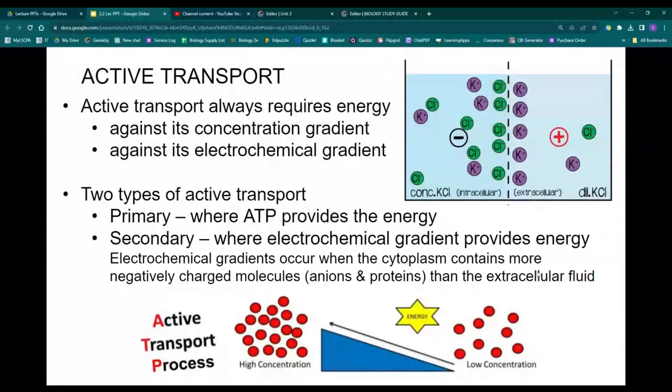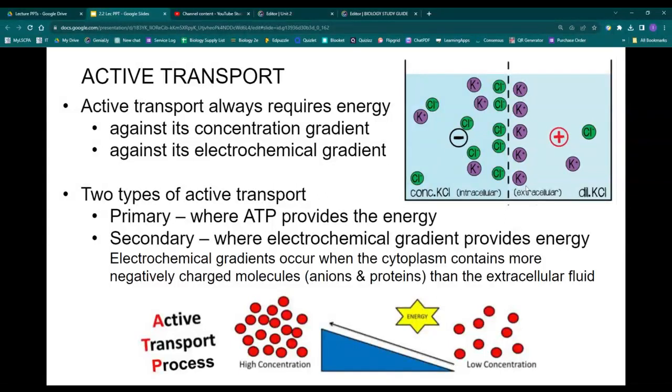Active transport requires energy, and that energy can come in two different ways. Active transport is going to move things against the concentration gradient or against the electrochemical gradient. This image here represents an electrochemical gradient where we have an area of very positive charge and an area of very negative charge.